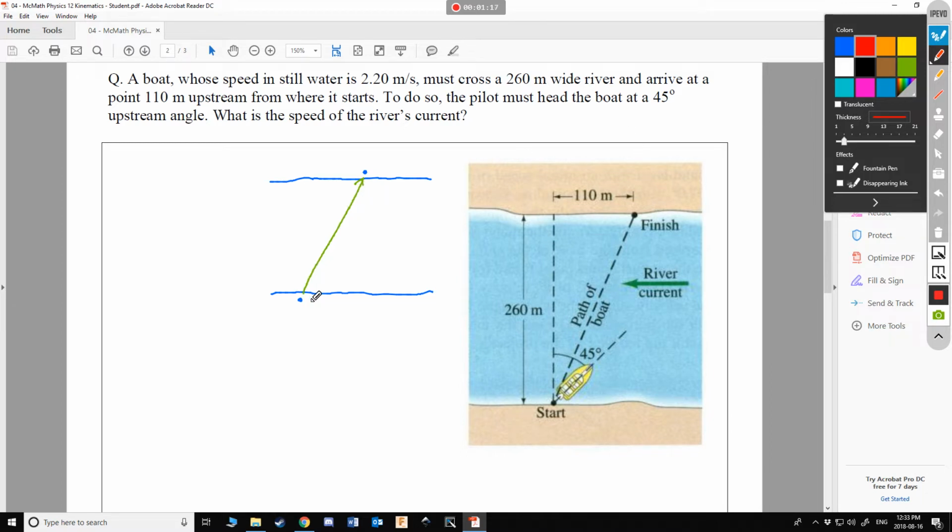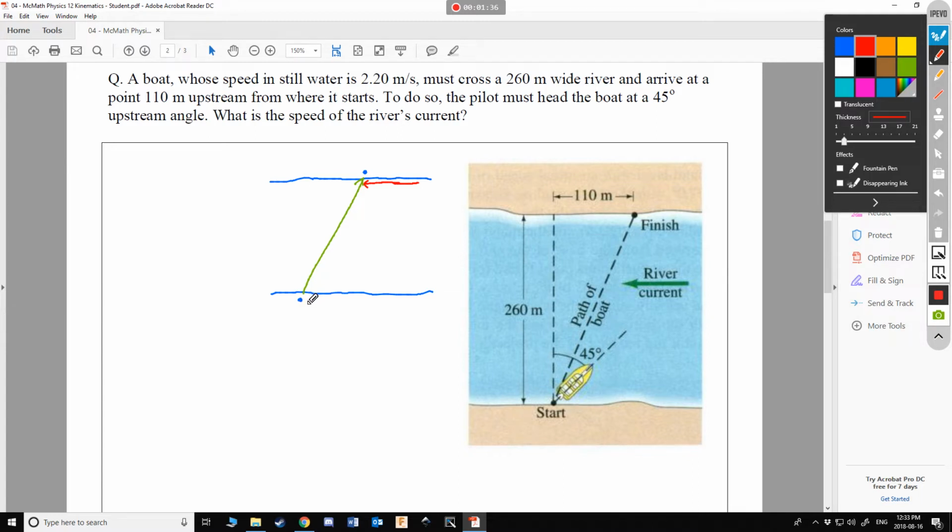So you know that the heading of our boat plus the river vector must sum to this green line I had. So I'm going to start by drawing the river current, something like the following. I'm going to make it a little more exaggerated so it's easier to see.